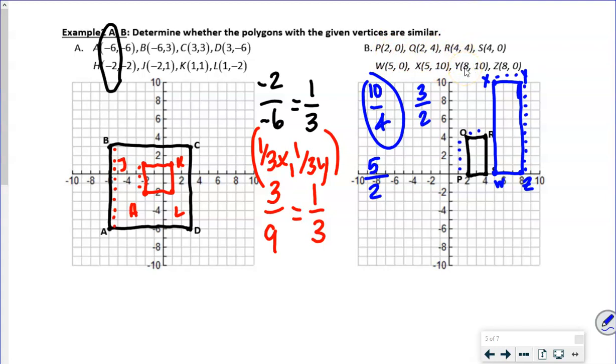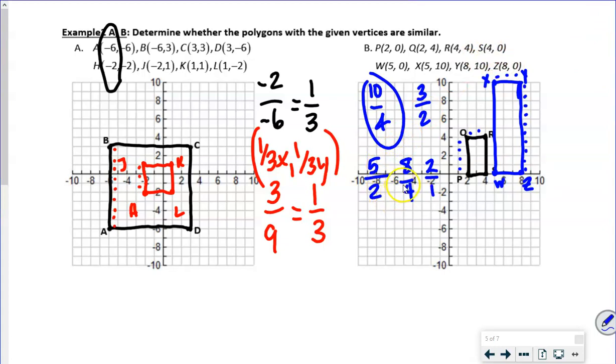Ooh, look at this one right here, Y and R. So on this one, we have an 8/4, and this one we have a 10/4. So this 8/4, is that the same ratio, y'all? 8/4 is what ratio? Isn't that 2/1? Okay, and here again, we have the ratio 8/4.